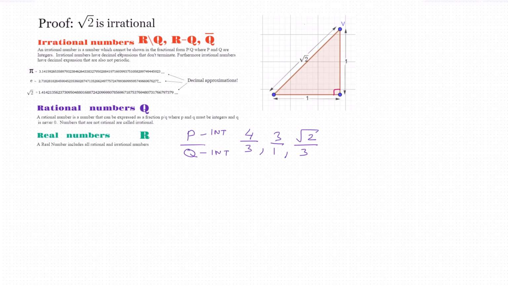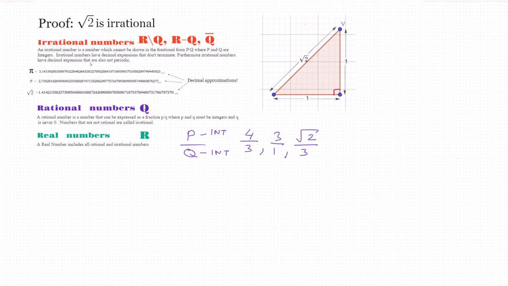What is an irrational number? It's a number which cannot be shown in the fractional form P over Q, where P and Q are integers. In other words, as long as you don't have an integer in the numerator or an integer in the denominator, you're going to have an irrational number. Okay, some types of irrational numbers are pi, e, and root 2.